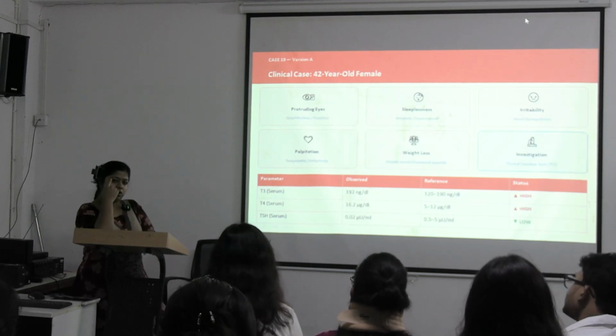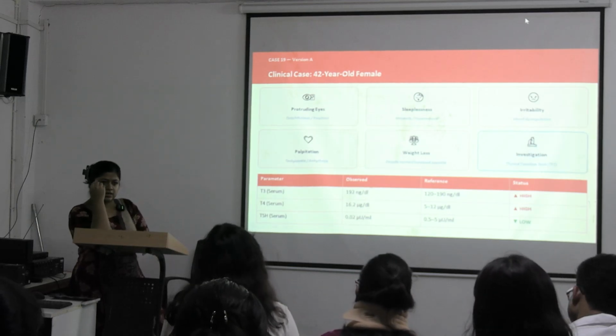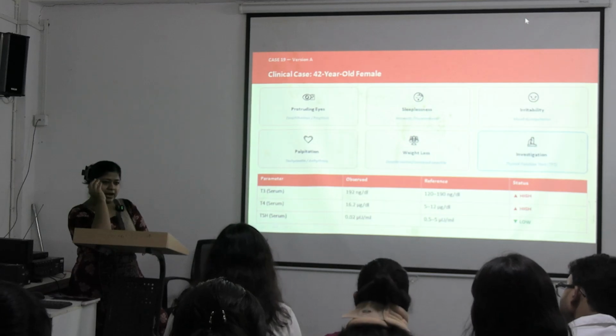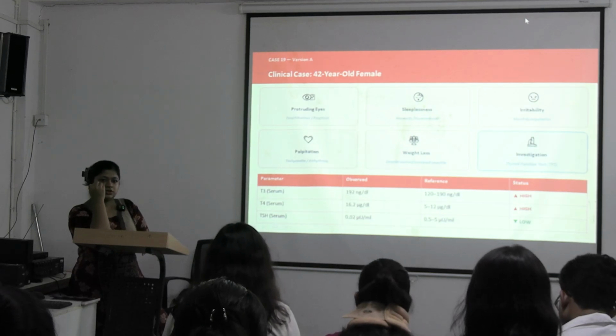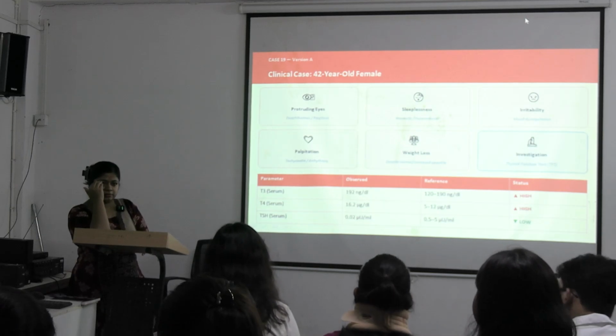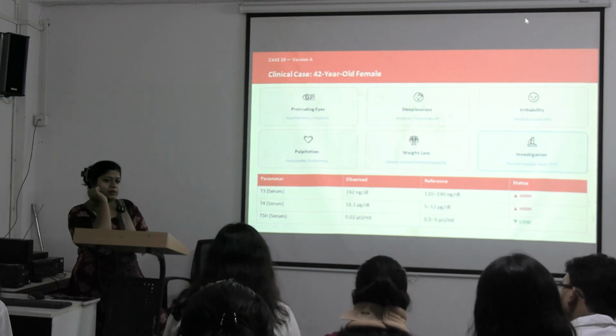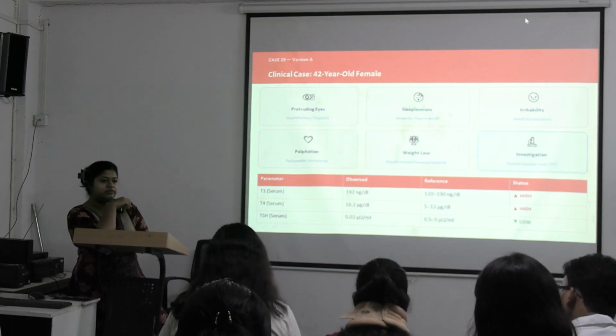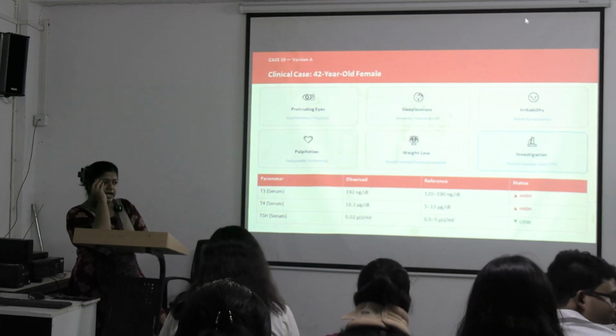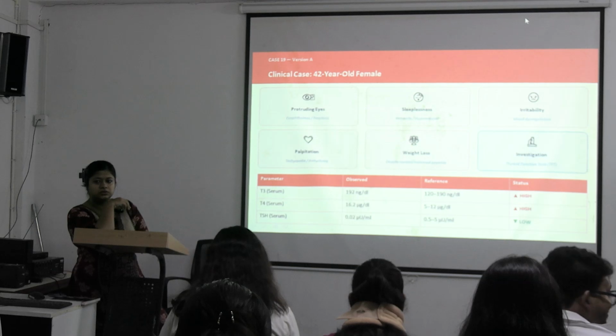So our cornea means the transparent part over the iris, right? The upper part is partly covered by the upper lid. In exophthalmos, the whole of the cornea will be visible. Okay, and the eyeballs will be protruding out, right?